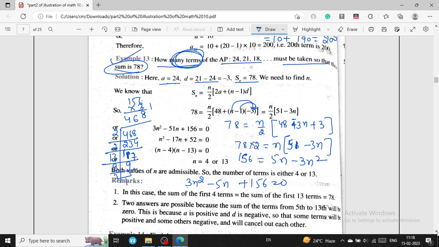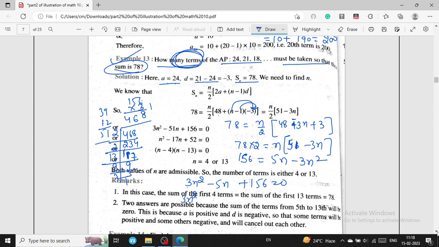You can take the factors: 2 times 2 is 4, 4 times 3 is 12, 12 times 3 is 36. 13 times 3 is 39, and 4 times 3 is 12, which add to 51.